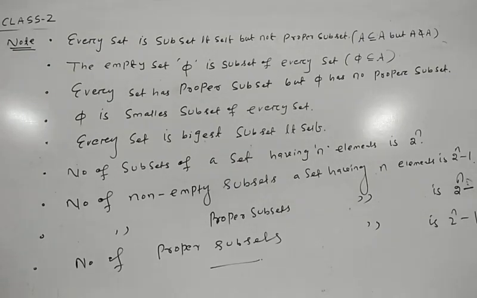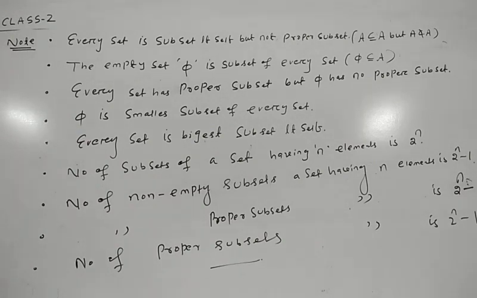So one note: every set is a subset of itself but not a proper subset. A is a subset of A but A is not a proper subset of A. Every set is a subset of itself but every set is not a proper subset. Number 2, the empty set phi is a subset of every set. Number 3, every set has a proper subset but phi has no proper subset.